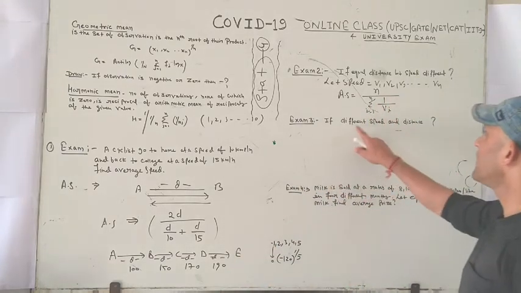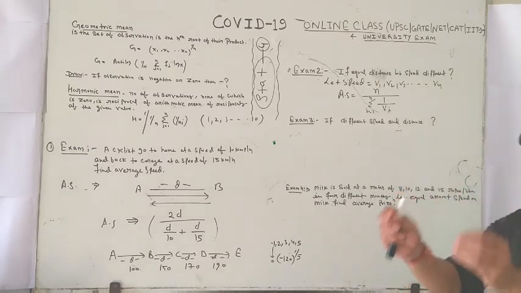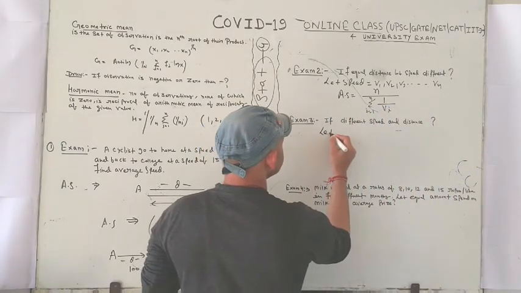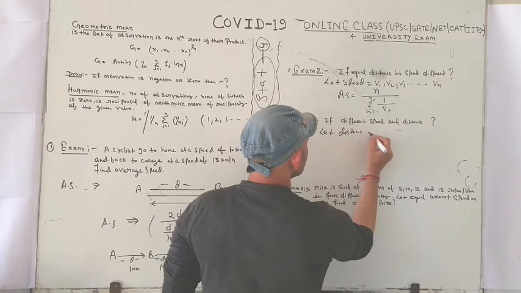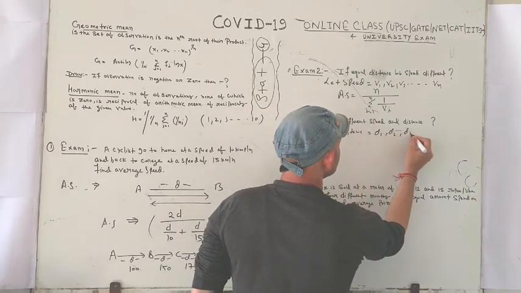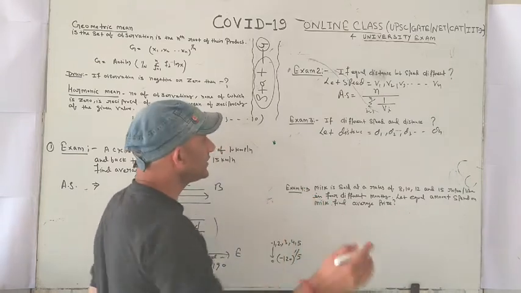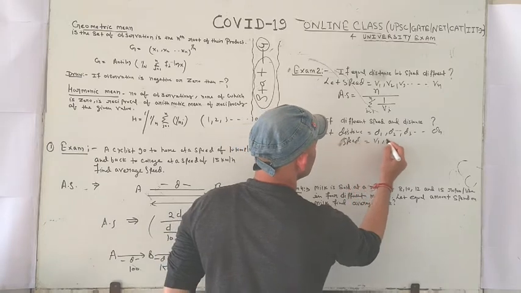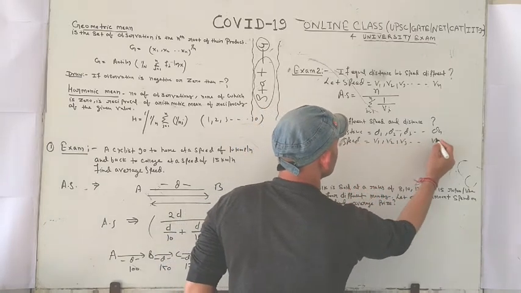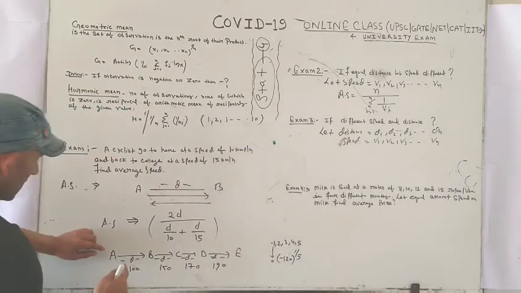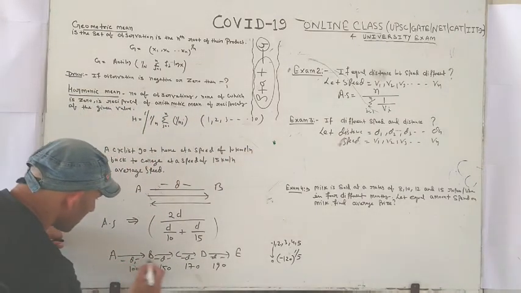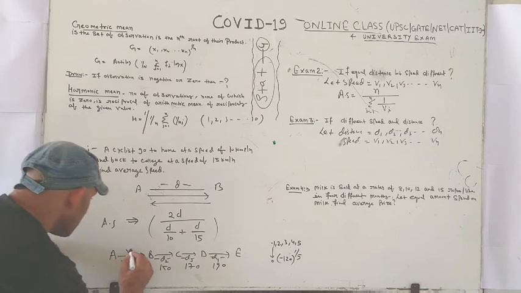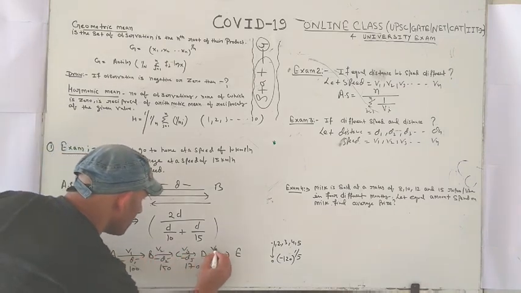अब क्वेश्चन ये है आपका, if different speed and distance, स्पीड भी आपका डिफरेंट है और आपका डिस्टेंस भी डिफरेंट है. लेट डिस्टेंस इज इक्वल टू d1, d2, d3 अप टू dn. अगर आपके अलग अलग डिस्टेंस है और आपका स्पीड इज इक्वल टू माना v1, v2 और आपका v3 अप टू vn है. मतलब क्या है? सपोज दिस डिस्टेंस इज d1, this is d2, this is d3, this is d4, and this speed also v1, v2, v3 and v4.